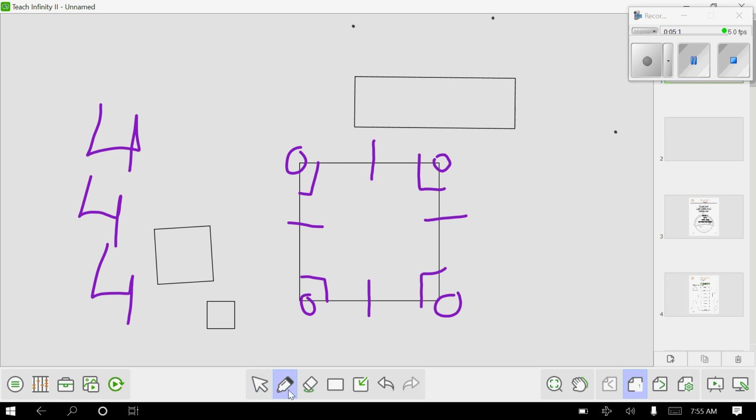The difference between the rectangle and the square is that not all the sides are the same. Only the opposite sides are equal.